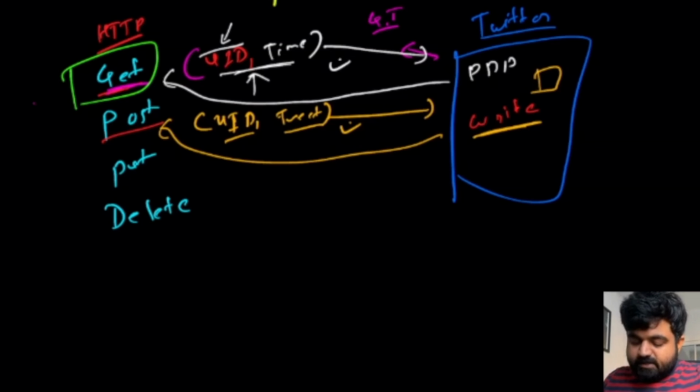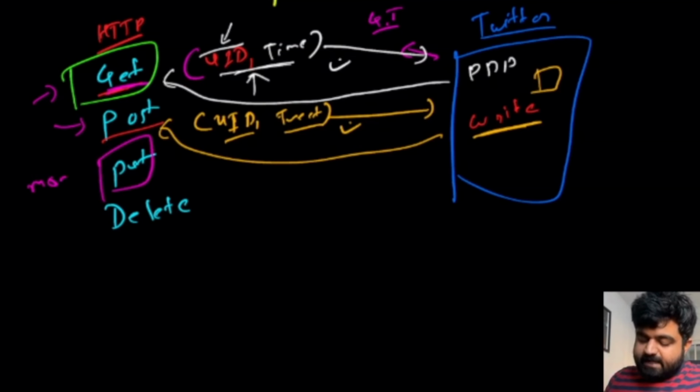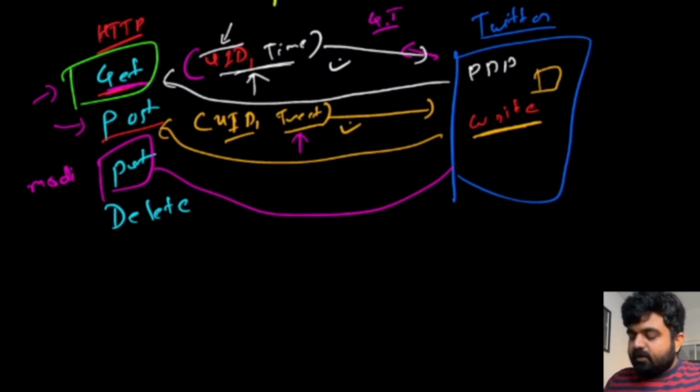So GET is to get some data, POST is to post some data into the database or add a new entry. PUT is modification of an existing entry. So let's assume that you created a tweet earlier and now you want to make some change. What you would do is create a PUT call with the previous user ID, the tweet that you already created, and the new changes that you want to make.